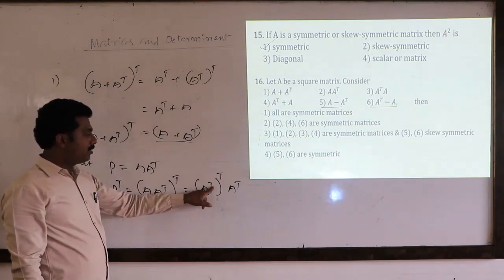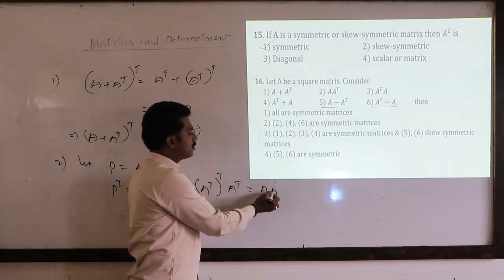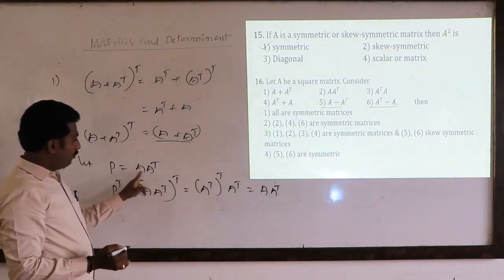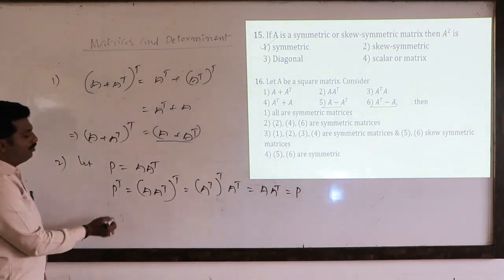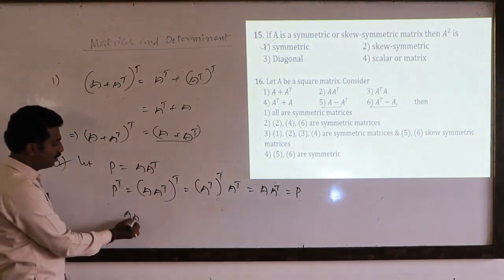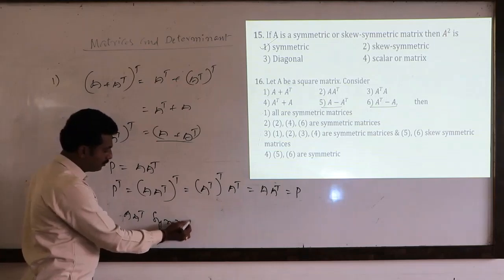See, A transpose A whole transpose means A transpose into A. So again what we got? P transpose, again P only we got. So P transpose equal to P means P is also symmetric. So P is symmetric means A transpose A is a symmetric matrix.